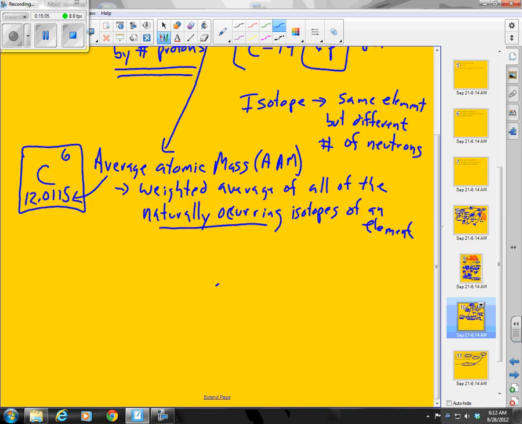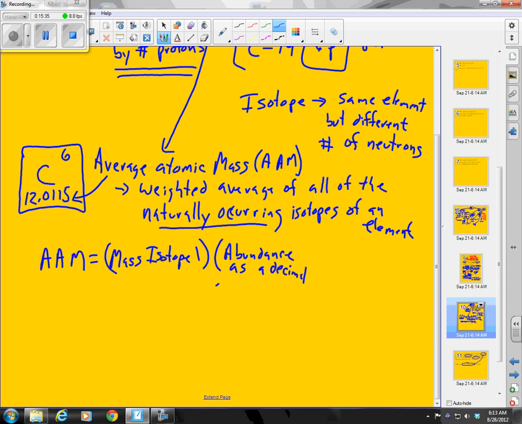And what is my actual equation for this? Average atomic mass is equal to the mass of isotope 1 times the abundance as a decimal, not a percentage, as a decimal.